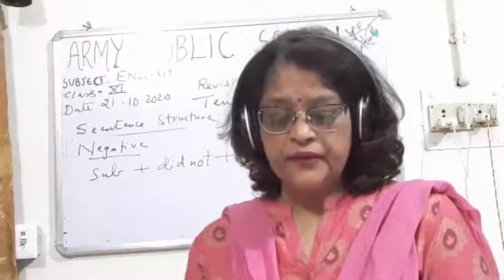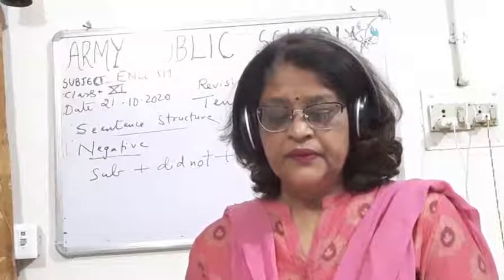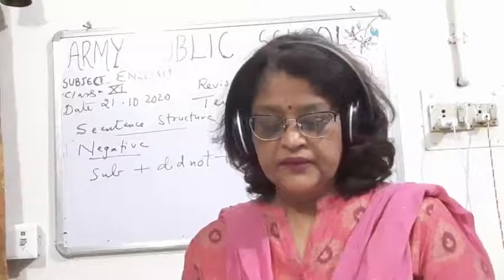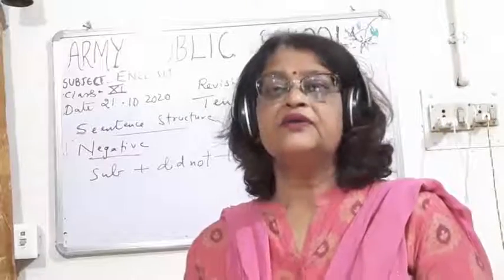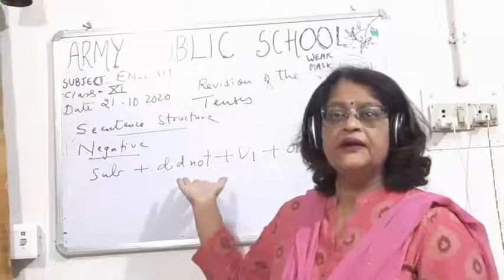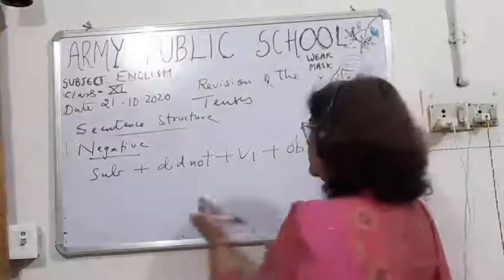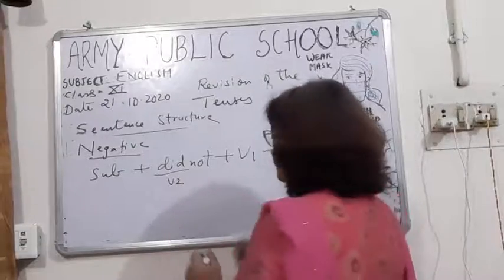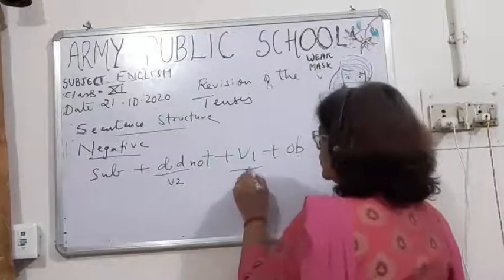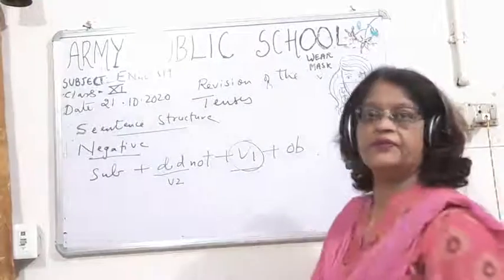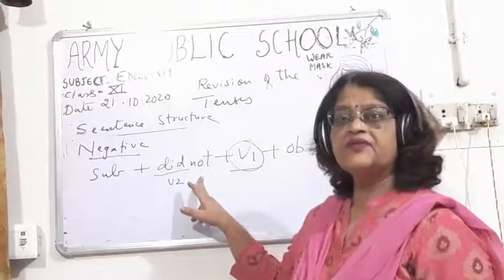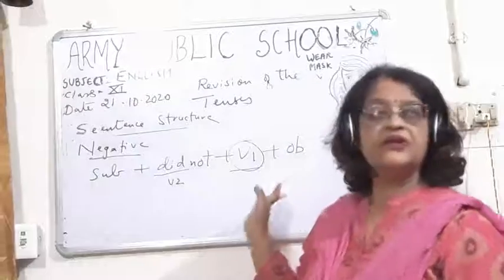Okay, so children, you can see in this negative sentence we have did not. Did is already the second form of the verb, but with did we always use the first form of the verb. You can see this is the first form of the verb here. So subject plus did not, which is already the second form of the verb, and then V1 plus object.